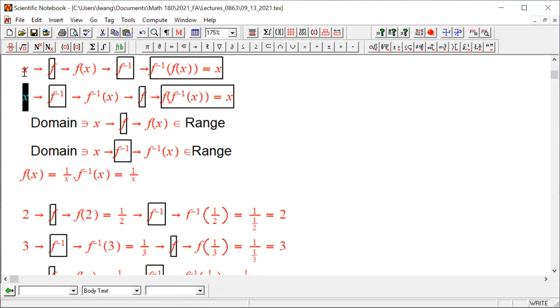Here's the clue. If you give x as input to F, this x is going to be from the domain of F. If you give the x to F inverse, this x is supposed to be from the domain of F inverse, and these two functions may not have the same domain. This time they happen to have the same. Sometimes they don't have the same domain, and that will also be true. So the input is entirely decided by the function.